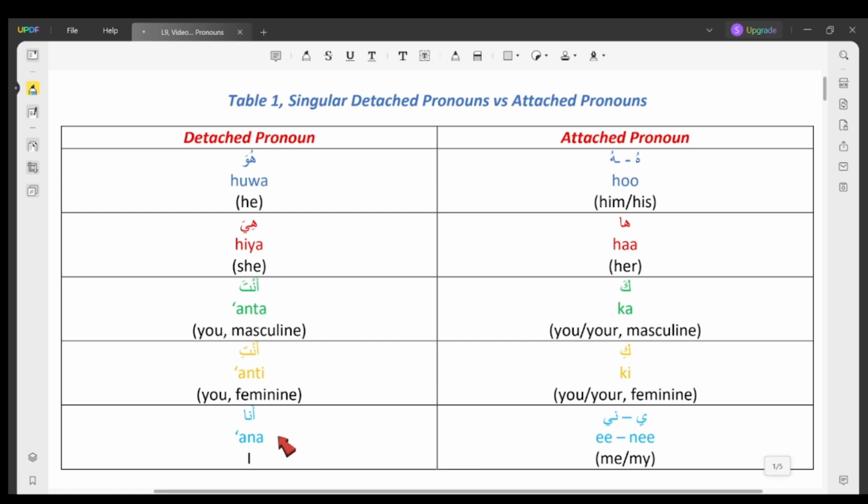And the last one, ana, I. And on the right side, i or ni. We use the form ni almost exclusively with verbs, so that one is not going to come up very often. But if it does, that's the reason.